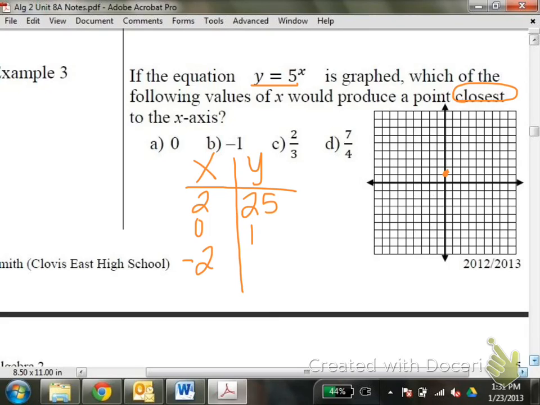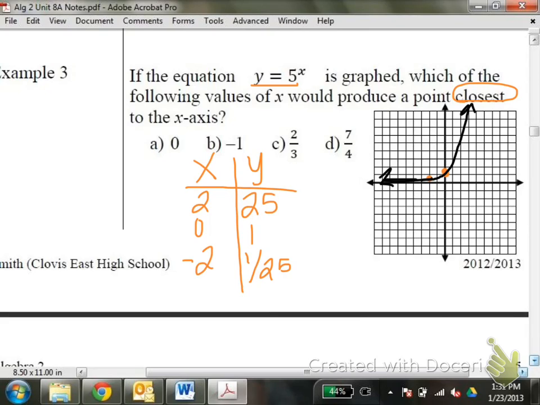Okay. And then if my exponent is -2, what would my y be? 1/25. Good. So if I wanted to graph that, that would be -2 and somewhere really close to the x-axis. So if I wanted to draw the line, it's going to look something like this.